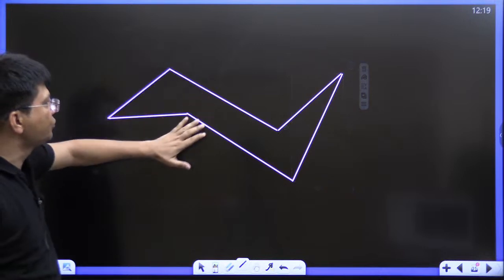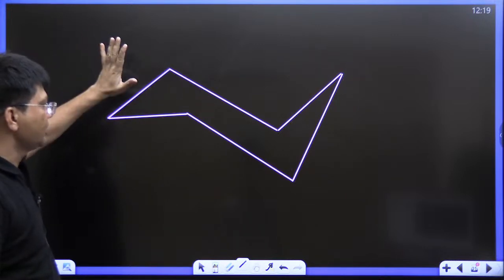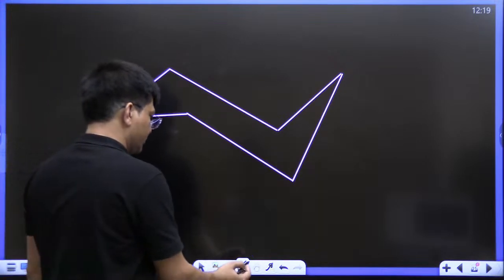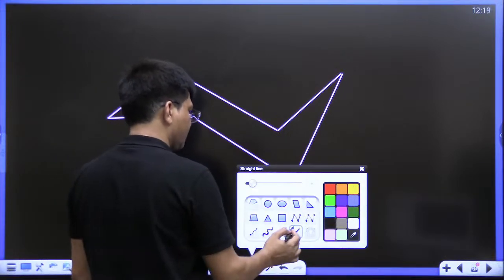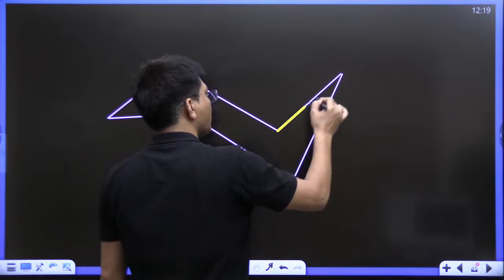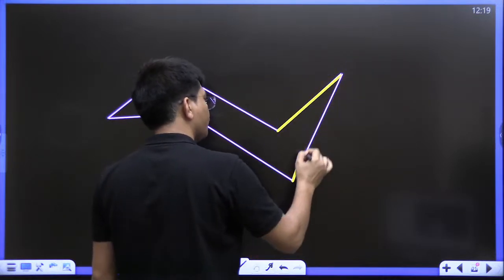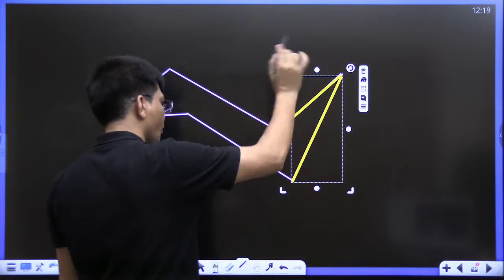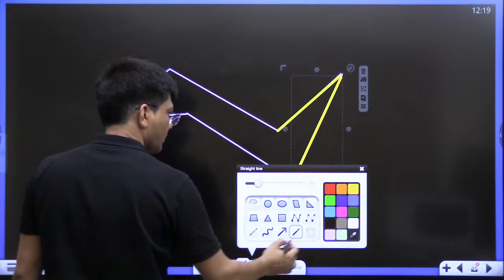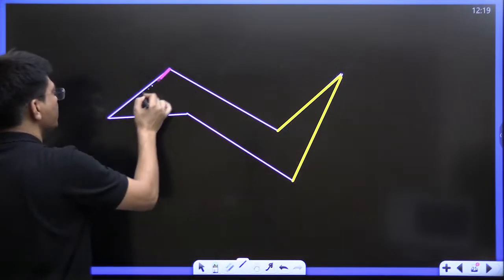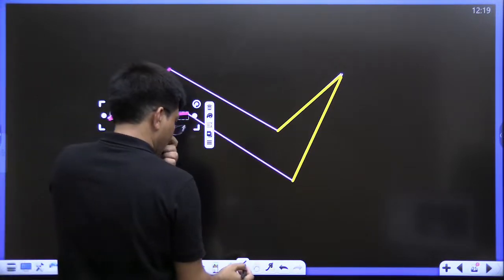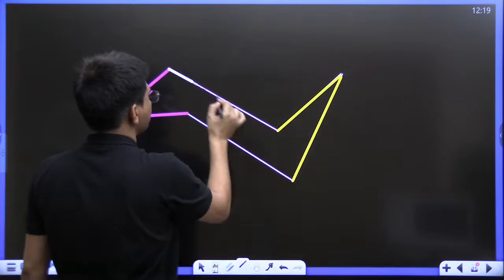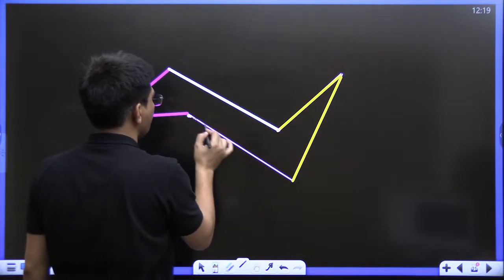Foreign writers used to draw this structure like this. Our Indian writers are going to draw this structure like this. But before that, let me draw this once again so that you can visualize it. This is going up, this is going down, this is going down, and this is the middle part. Just try to visualize it.